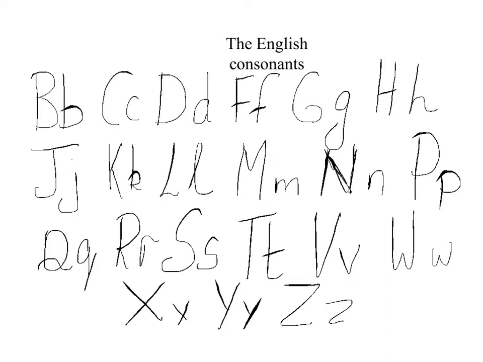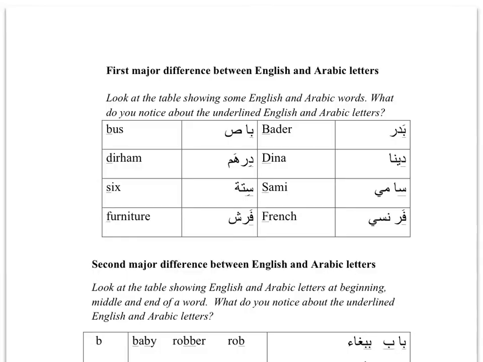Now what we want to do is have a look and see how the English letters differ from Arabic. The first major difference between English and Arabic letters is that in English, as you saw on the previous slide, we have two forms for each letter.